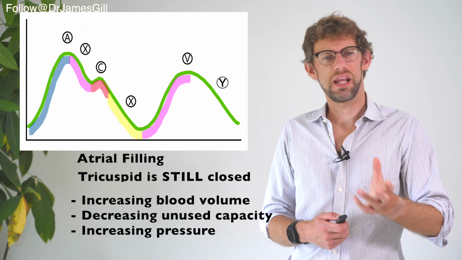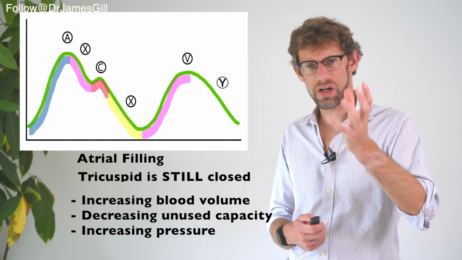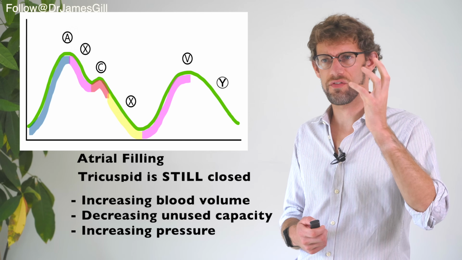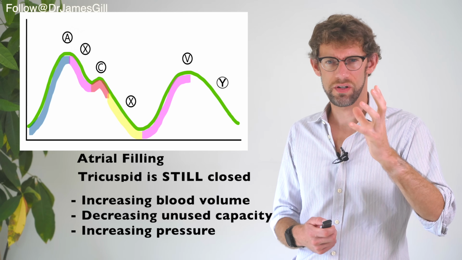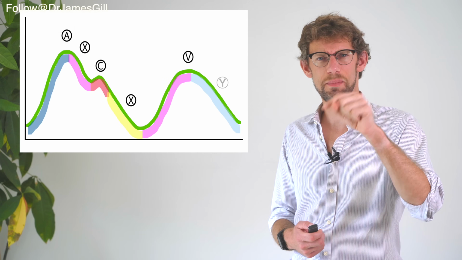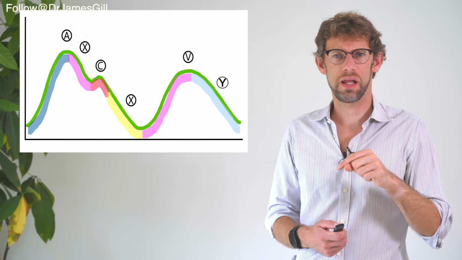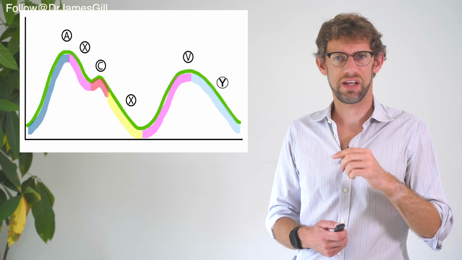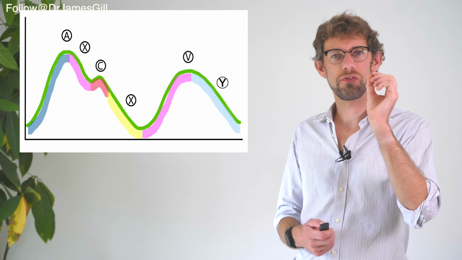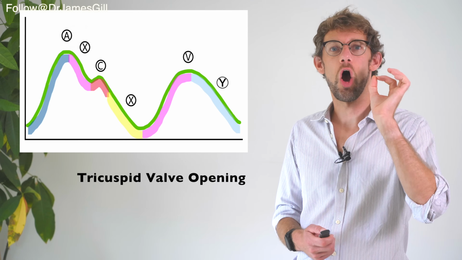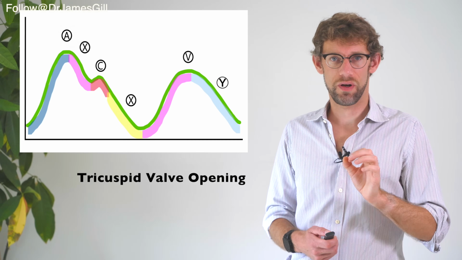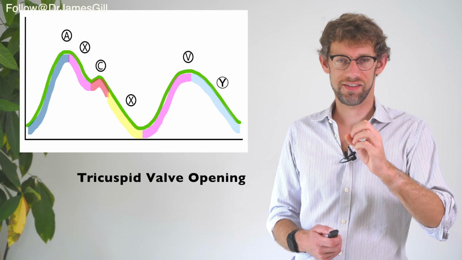But why, if we're getting a rise here as the atrium is filling with fluid, why do we then get a dip down at the end of the Y before the next A wave? Because the tricuspid valve is open in the A wave and the atria will push against it.